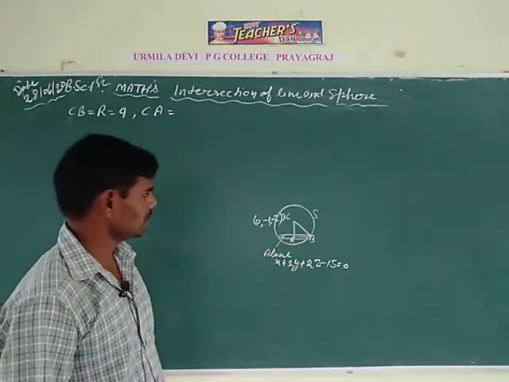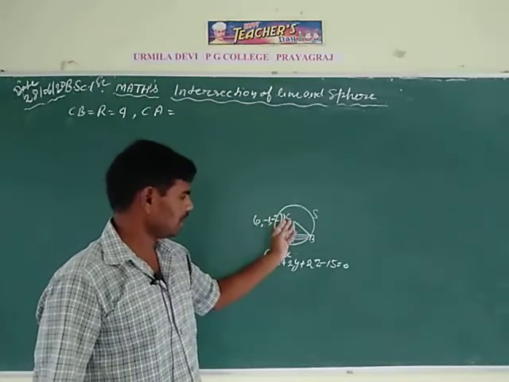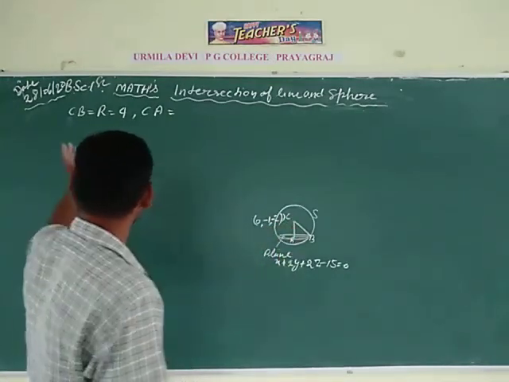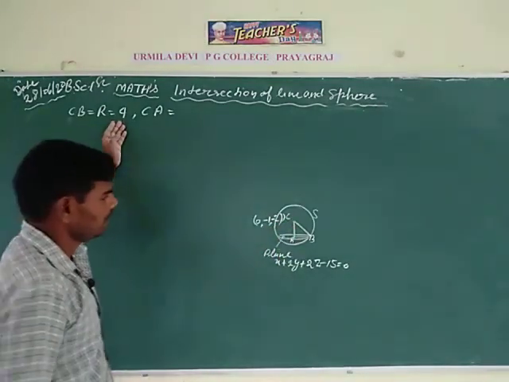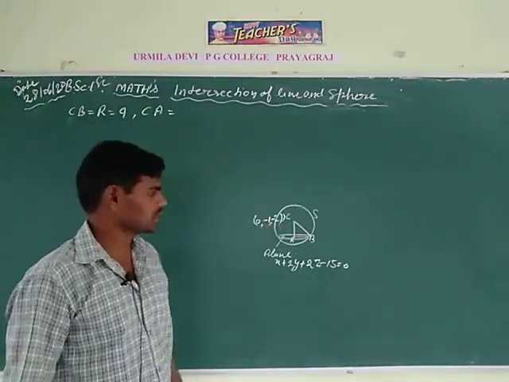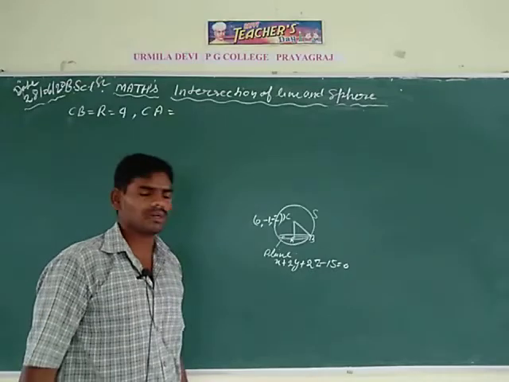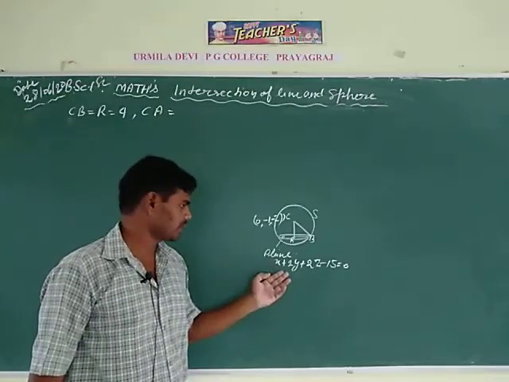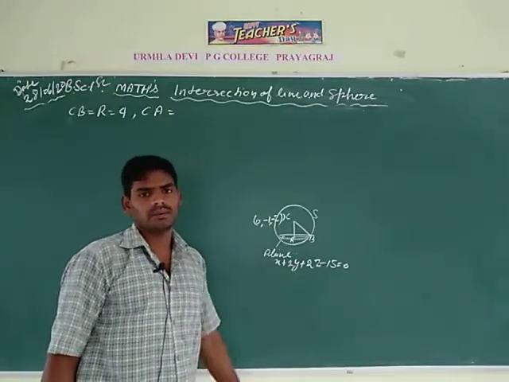For the distance AB, we need the radius of the sphere CB. Here the CB value is 4, which is clear, and what remains is the distance CA, meaning the perpendicular distance from the center of the sphere to the intersecting plane, x plus 2y plus 2z minus 15.